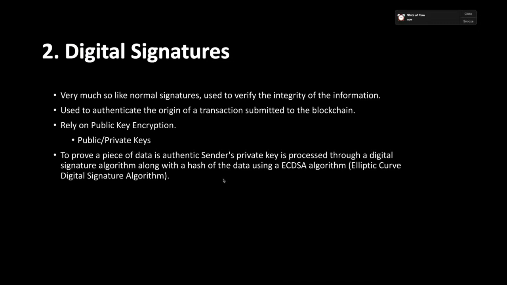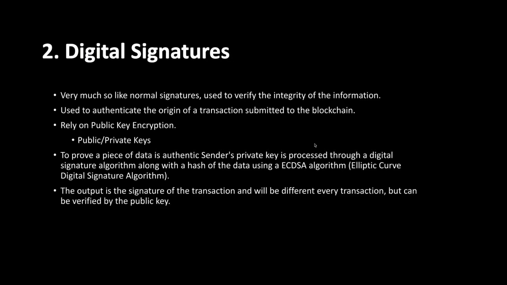To prove a piece of data is authentic, the sender's private key is processed through a digital signature algorithm with a hash of the data, using the ECDSA algorithm, the elliptic curve digital signature algorithm. The output is the signature of the transaction, and it's going to be different every single time for every single transaction, but it can be verified by a public key.